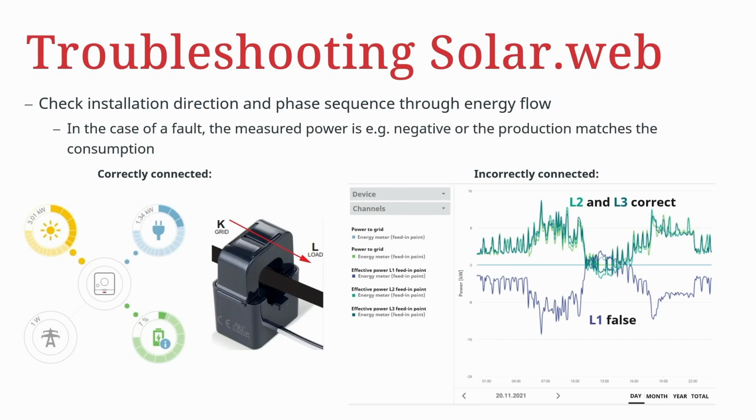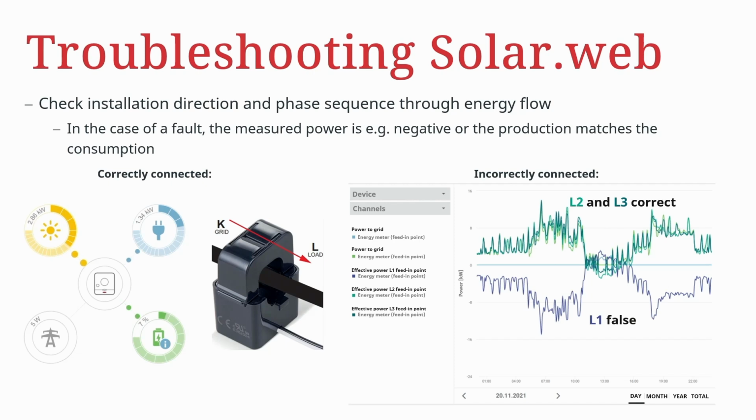Always first check the installation direction and the phase sequences through the energy flow. In the case that we have here in our graph on the right side, you can see that there is a fault. L2 and L3 are cabled and installed correctly, but the first phase, L1, is not installed correctly.